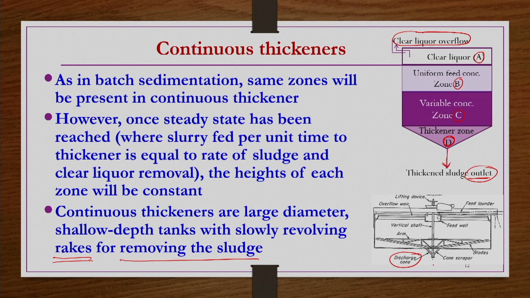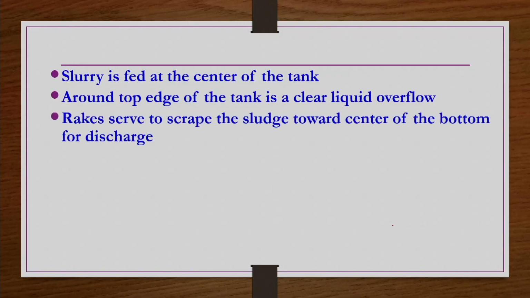While it is revolving, the liquid that is trapped between the particles within the sludge zone, the D zone, will be released, and that liquid may move upward to the C zone. Slurry is fed at the center of the tank. Around the top edge of the tank is the clear liquid overflow.